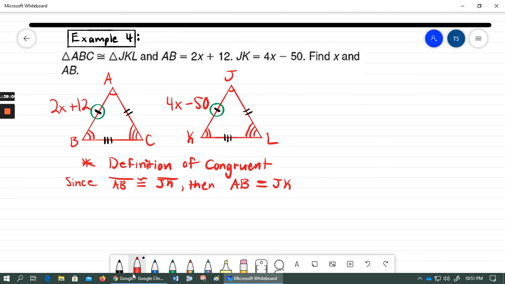That's what we know. Now we're going to substitute what we need to substitute, and then we're going to solve this puppy.